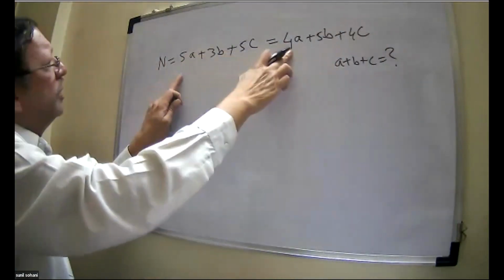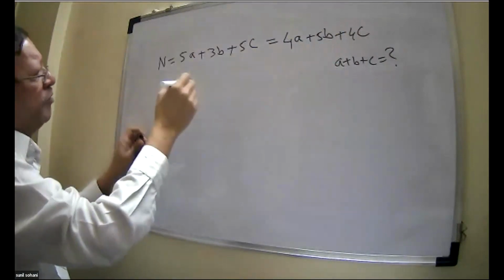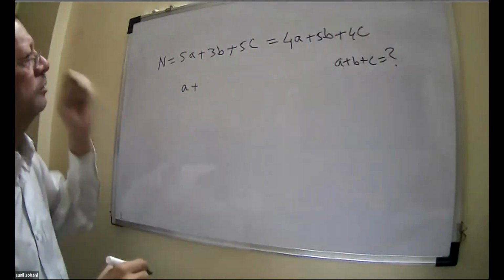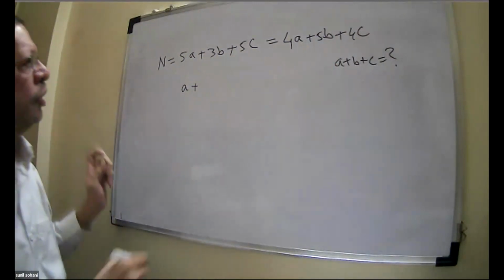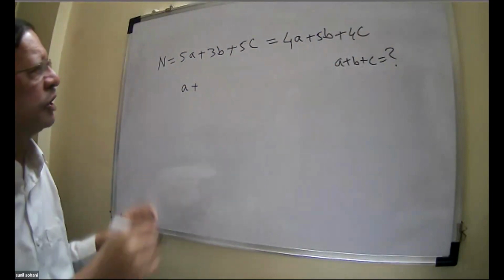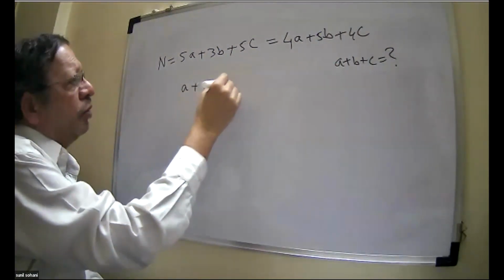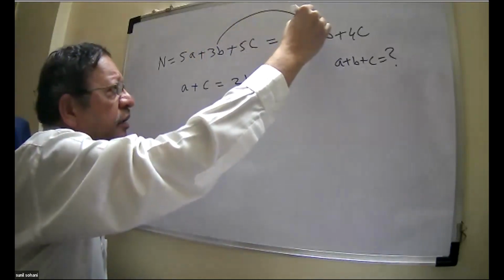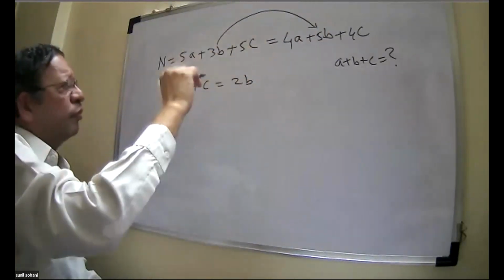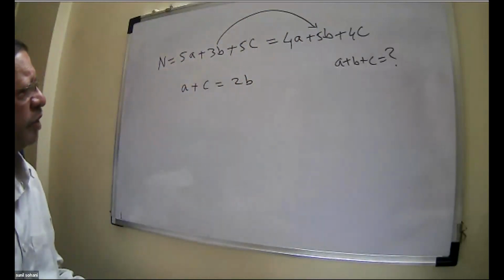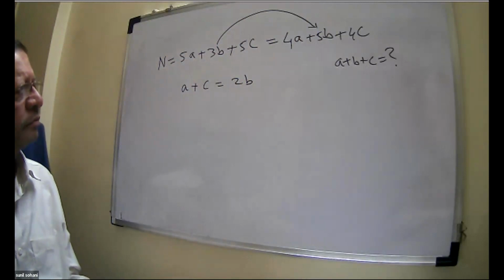So as per the given expressions, I can simplify as a plus c is equal to 2b, bringing 3b on the right and subtracting 4a and 4c from the left. So this is the result we get. A plus c is equal to 2b.